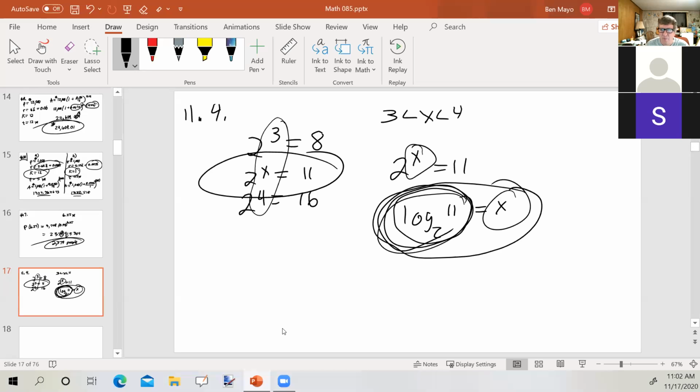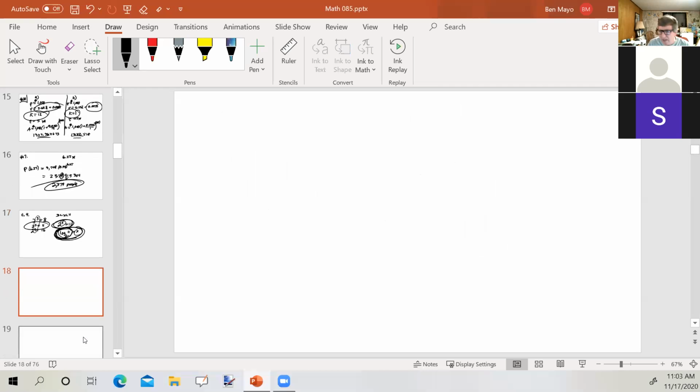Sometimes there are problems where the unknown is the exponent and we need to figure out what it is. So we take an exponential equation and write it in logarithmic form. There's a simple way to change from one form to the other. The way that I like to describe it is using baseball.